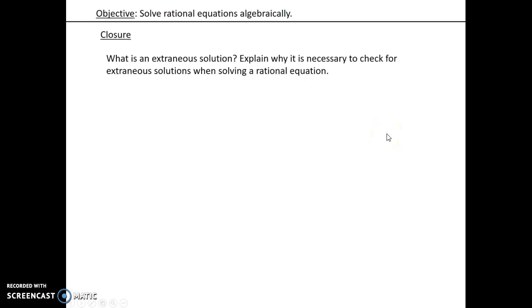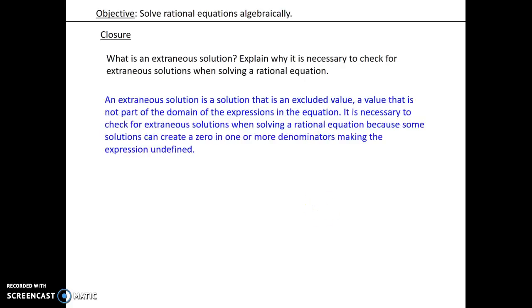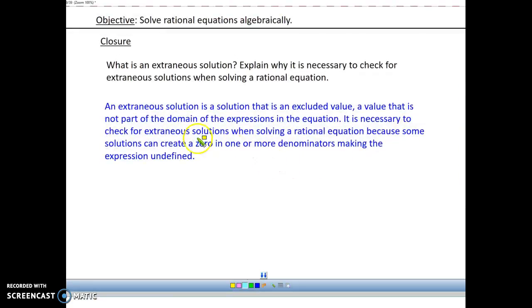Closure. What is an extraneous solution, and explain why it is necessary to check for extraneous solutions when solving a rational equation. Well, as you noticed in the last two examples, our extraneous solutions are a solution that is an excluded value. That is not part of the domain of the expression in the equation because you can't divide by 0.